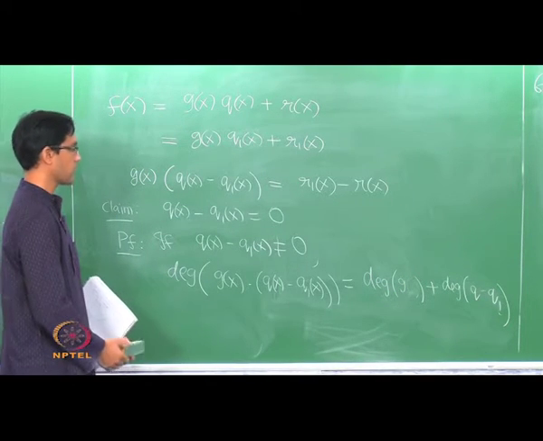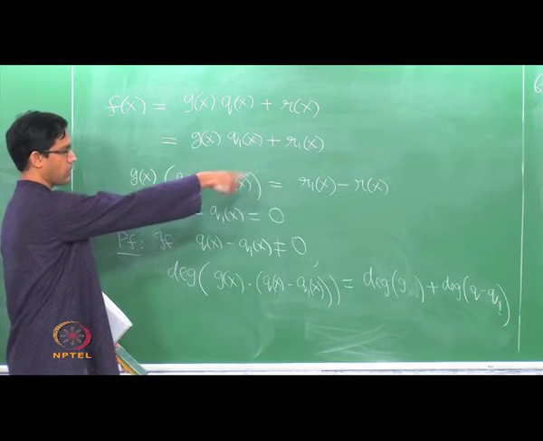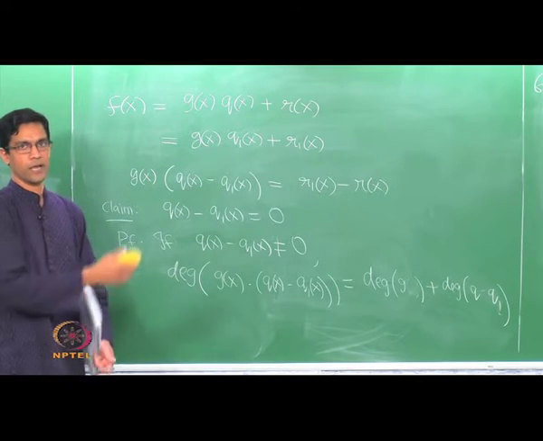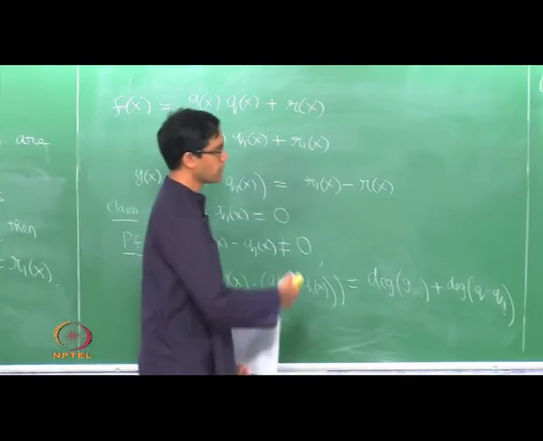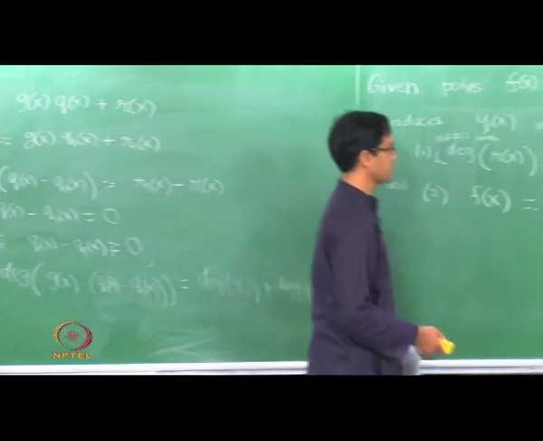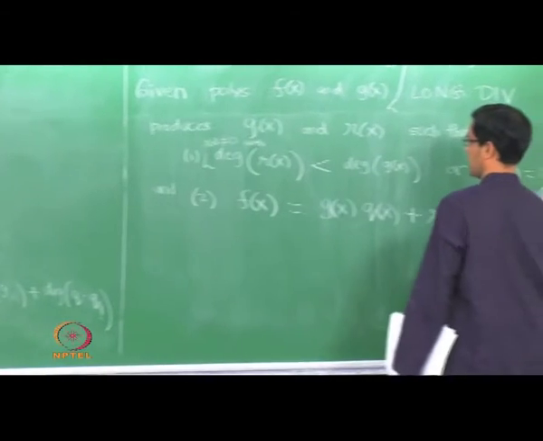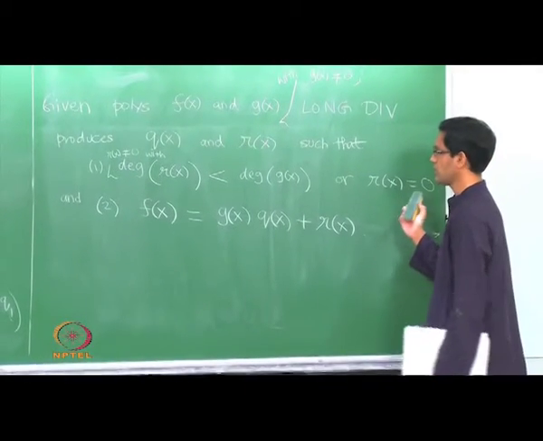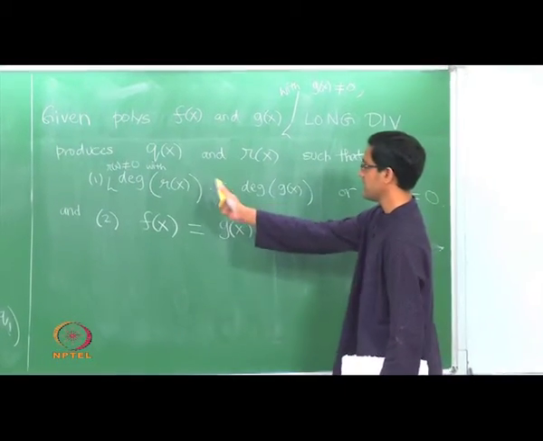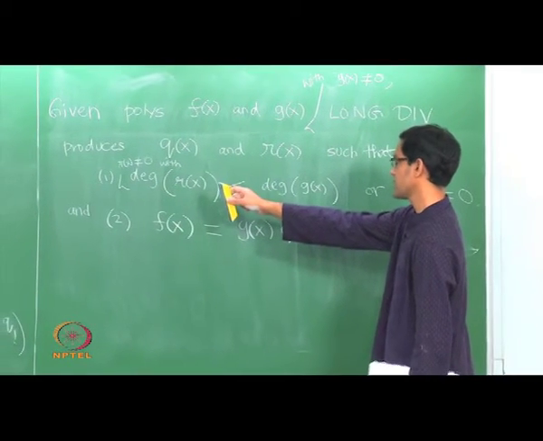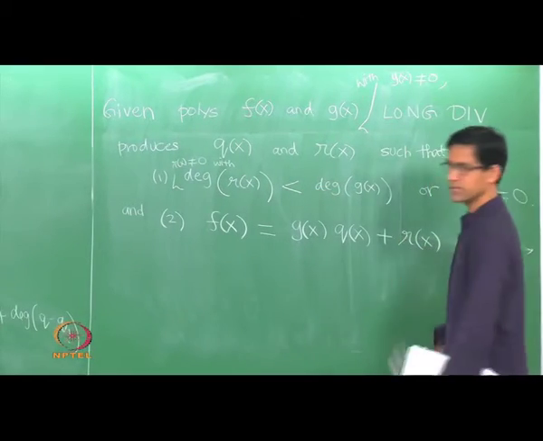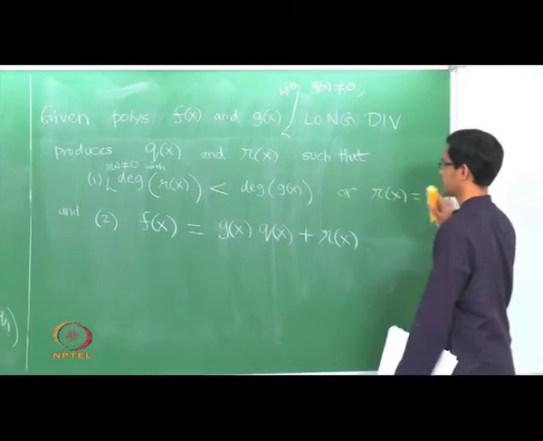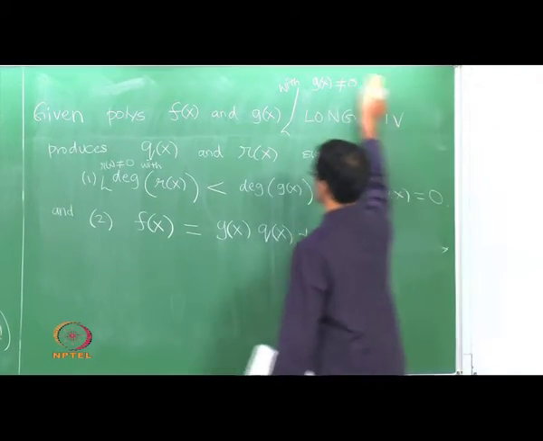Now, what about the right hand side? The right hand side is r1 minus r, and what do we know about r1 and r? Now we will use property 1. Each of them is either the 0 polynomial, or they are non-zero and the degree is strictly smaller than the degree of g of x. So that is property 1. Now, what does that imply?